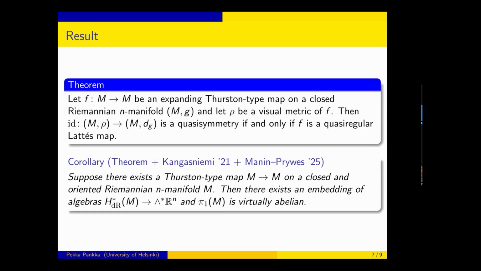okay, sorry, I forgot from the statement that it should read: suppose there is a Thurston-type map from M to N on a closed oriented Riemannian manifold for which the visual metric is quasisymmetric to the standard one. So there's a sentence missing in the middle saying that if you get a quasisymmetric uniformization for the visual metric, then you have the embedding result for the cohomology, and the fundamental group is virtually abelian.